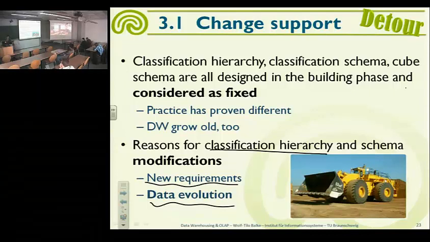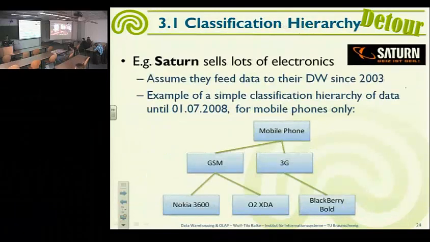And to do that, you have to be able to modify the schema, the models that you've already built before. So an example here could be really any electronics store. So for instance, Saturn here. If we zoom in on the mobile phone products, and let's say they've been holding the data ever since 2003, we could imagine how they would have built the classification hierarchy.